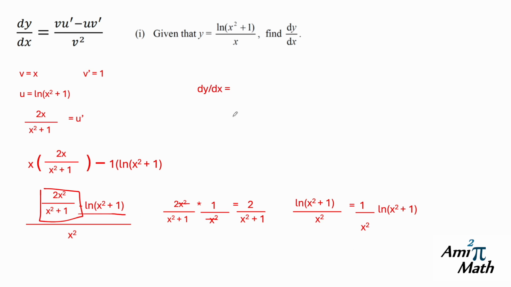And dy over dx equals, and then we just need to put these back together, 2 over x squared plus 1 minus, not to forget the minus, 1 over x squared ln(x squared plus 1).